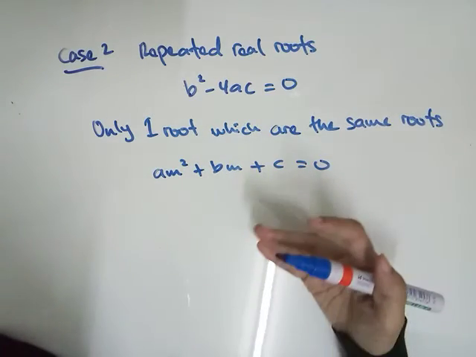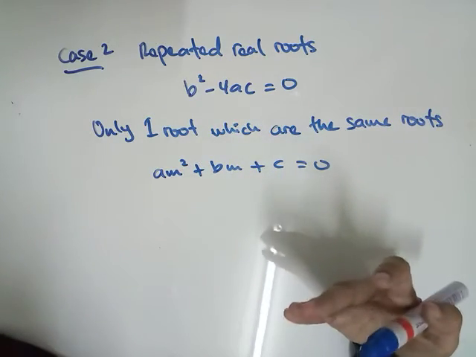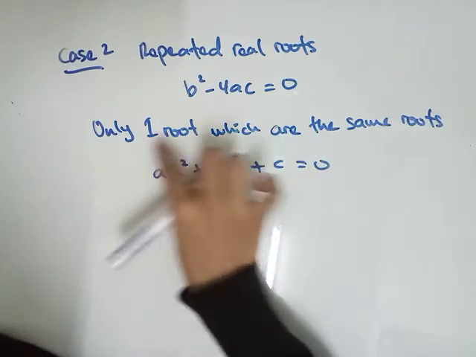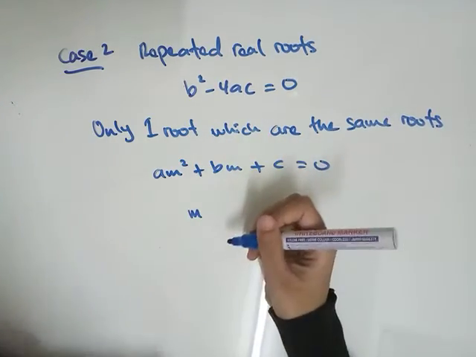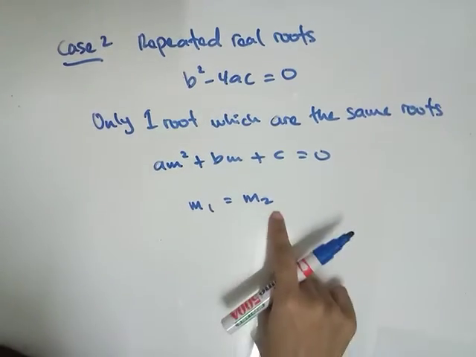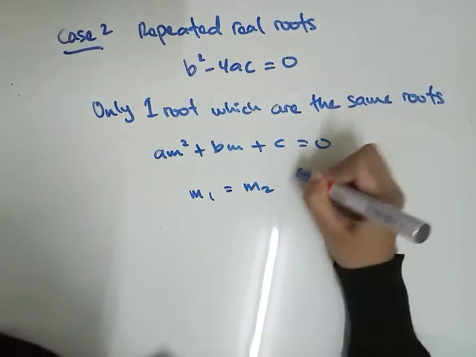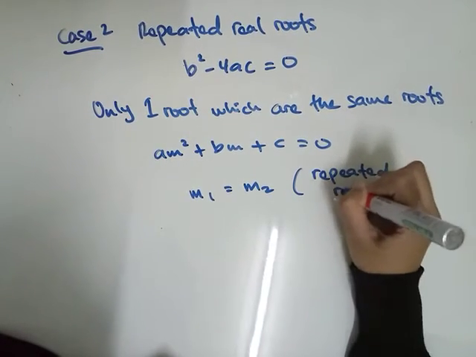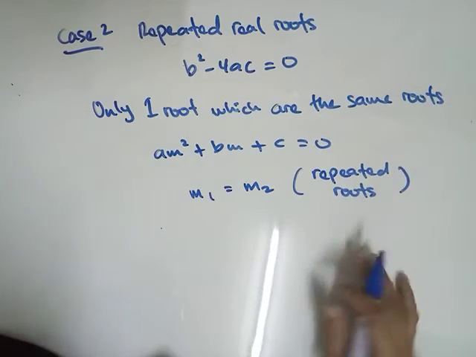You need to solve for m, where we have only one root, the same root. It means m1 equals m2. The values are the same. We call this repeated roots.